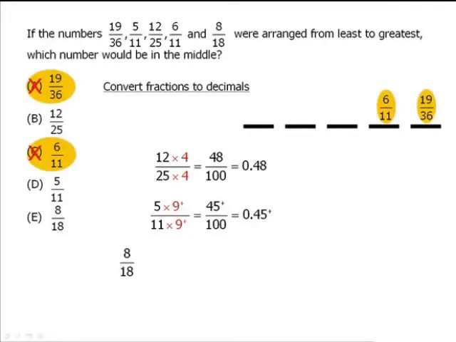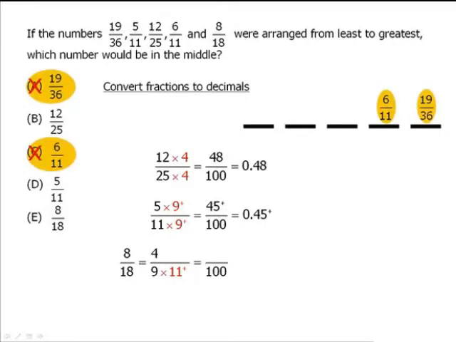And finally, I want to convert 8/18. First, recognize that 8/18 is equivalent to 4/9. And now I want to write 4/9 as an equivalent fraction with 100 in its denominator. What must we multiply 9 by to get 100? Well, 9 times 11 is 99, so 9 times a number slightly larger than 11 will give us 100.